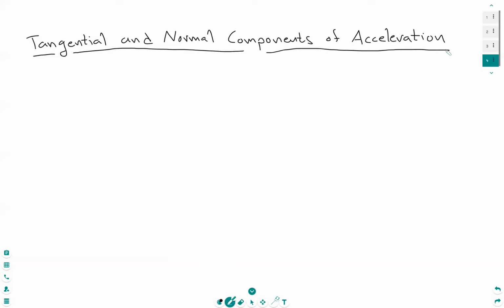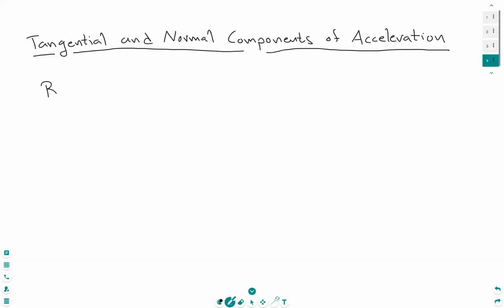But as you start to turn, your body will want to go a little bit horizontally in your seat, right? This is the normal component of acceleration. You're feeling this force that's acting perpendicular to the tangential component. So these together make the total acceleration vector. But let's see how we can decompose these things.